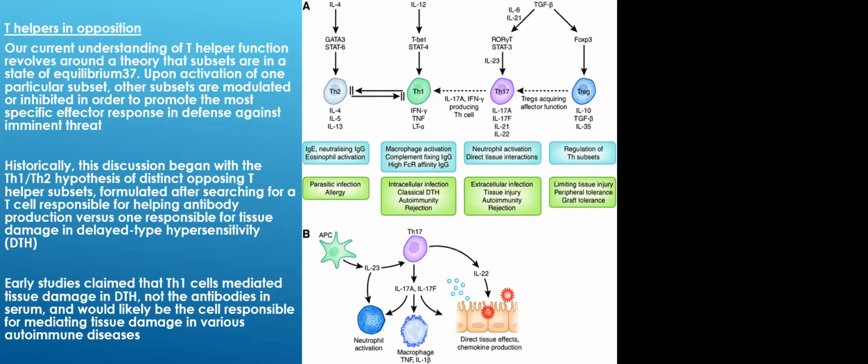When you have a bacterial or fungal infection, you'll see the Th17 is high, interleukin 17 is high in the blood, right? Because that's responsible for the neutrophils. So when you see neutrophils are high, then you think the Th17 is working.